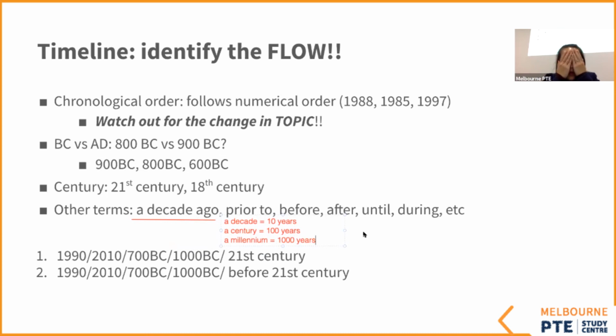Because this is also the question they ask you in the short answer question. They ask how many years for a millennium, and then everyone just stopped, had no idea what's the answer. Okay, so sometimes a century and a decade we use a lot, but we don't use a lot for a millennium. Okay. All right, so the last technique, timeline, is done. Okay, just be careful.